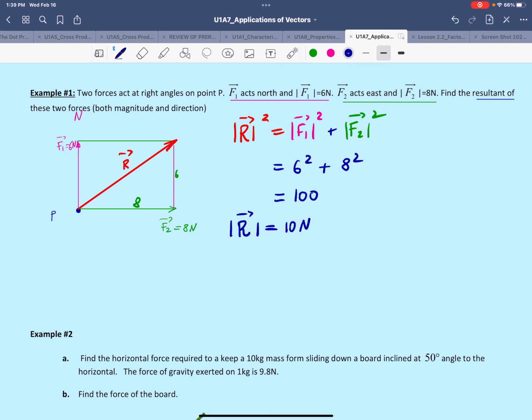So to describe the direction, we can choose to use this angle or this angle. So I am going to use the angle theta, the angle made with force F2. To find it, obviously we have a lot of options now because we already know all three sides in the triangle, but I am going to use the tan ratio.